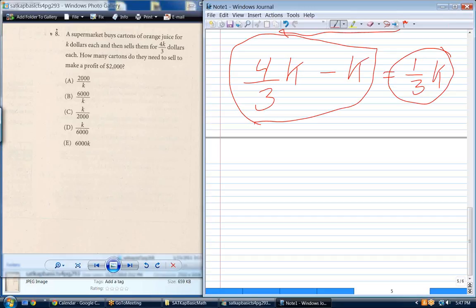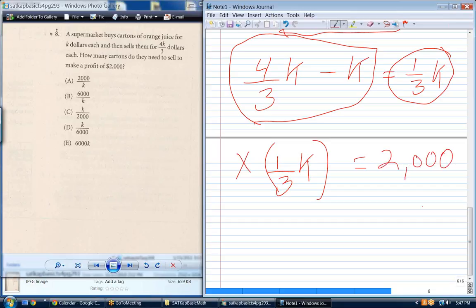So if that's the profit on each carton of orange juice, then the number of cartons of orange juice times the profit on each carton has to equal $2,000.